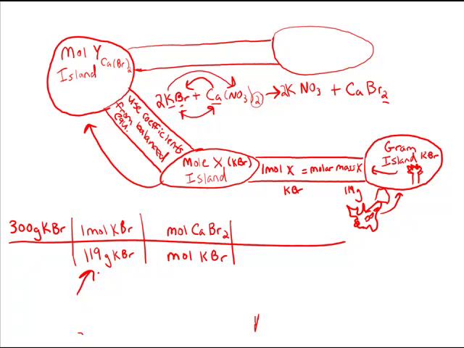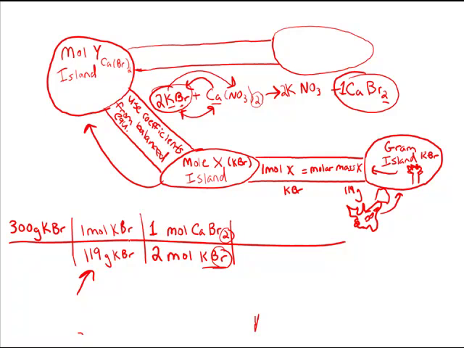So when we look at that equation, KBr is right here. It's got a 2 in front of it. That means we need 2 KBr to make this many calcium bromides. There's nothing in front, but we know that really means there's a 1 there. So we need 2 moles of KBr to make 1 mole of calcium bromide, which makes sense. Calcium bromide has 2 bromines, so we need 2 bromines here to make that happen.